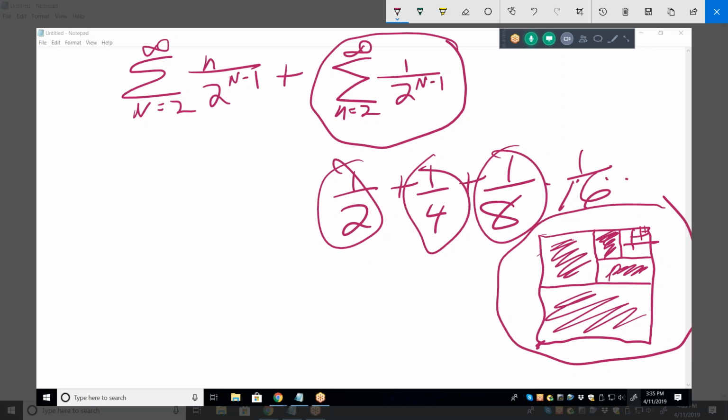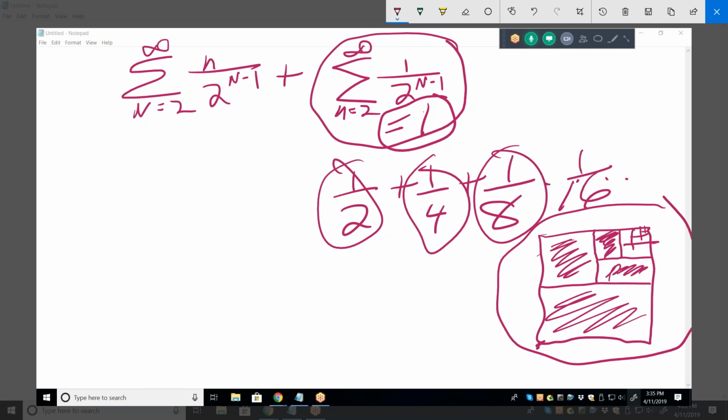And it doesn't ever go beyond this square, which I'm calling 1. In other words, it never goes to 1.1, it never goes to 1.2, never goes to 2. It just approaches 1. So this series right there is equal to 1. Okay? Let's look at the other series.